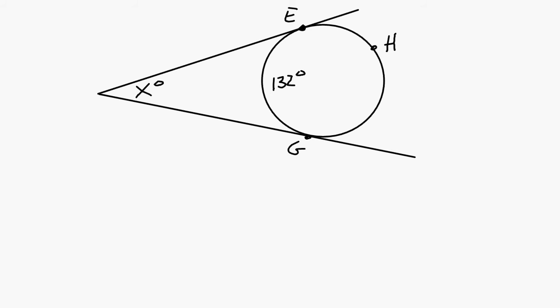360 minus 132. You guys are going to have to use your phones probably here for a little bit if you didn't grab one of those calculators, because they're using them for testing. I don't think I've got a full set. So 360 minus 132 is 228.